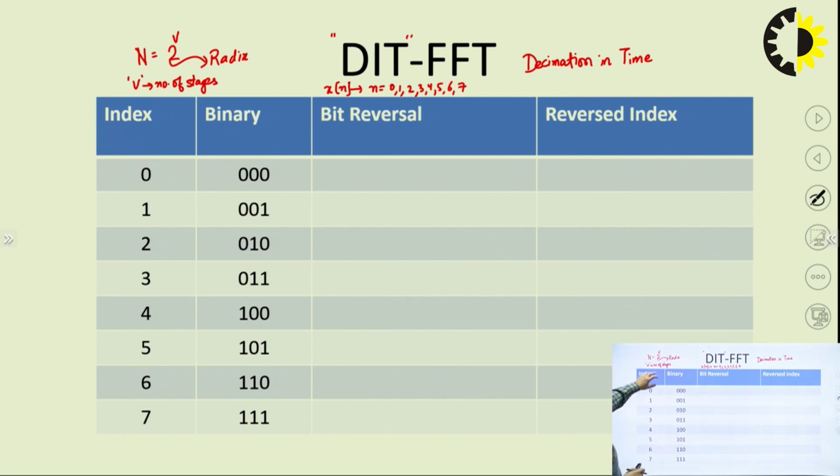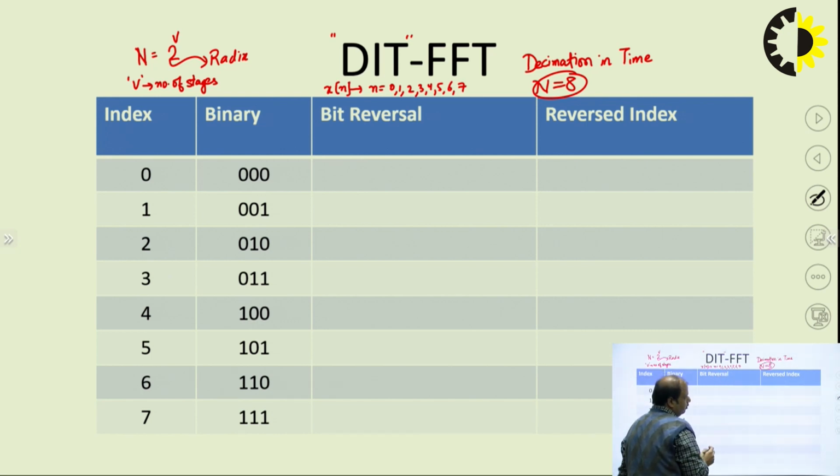In radix 2 fast Fourier transform, we basically have the number of points for which the DFT is calculated related to 2 raised to the power v, where v is the number of stages. So suppose we are talking exclusively about the case of n is equal to 8. For n is equal to 8, the time indices are from 0 to 7.